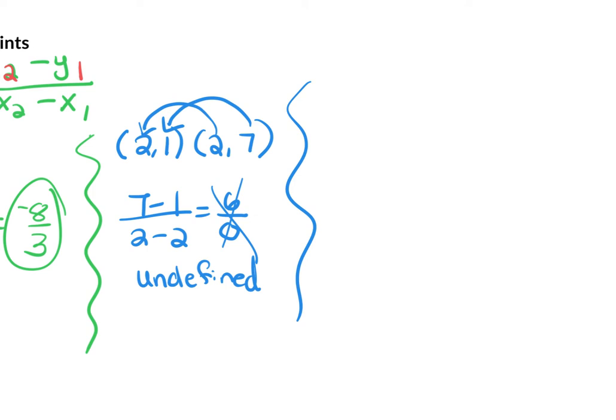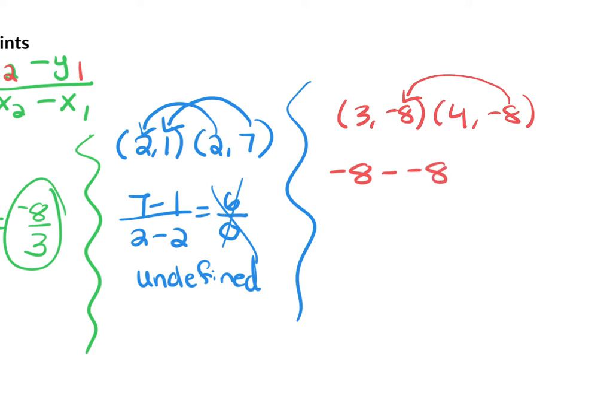Okay, and last example like this, let's look at (3, -8) and (4, -8). My y values, -8 minus -8. I want you to think from -8 to -8, that's not changing at all, that's 0. And then my x values, 4 minus 3 is 1. So I can do 0 on top. 0 divided by 1 is 0, so my rate of change is 0.